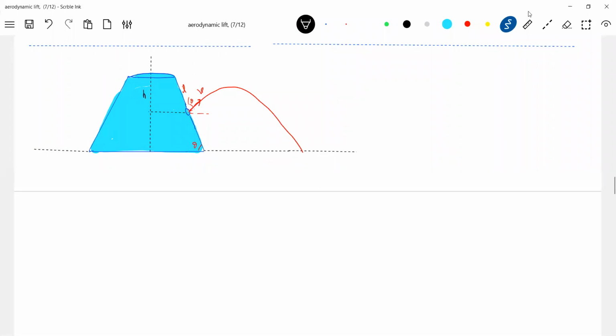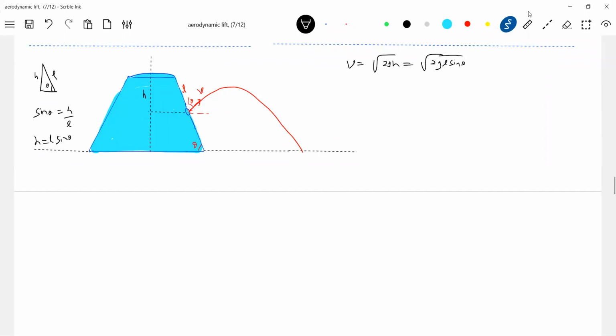So from the mathematics, what can we write? This is L, this is theta, this is h. So sine theta is equal to h by L. So what is h equal to? L sine theta. What is the velocity of efflux first? Root of 2gh, root of 2gL sine theta. Agree with this?